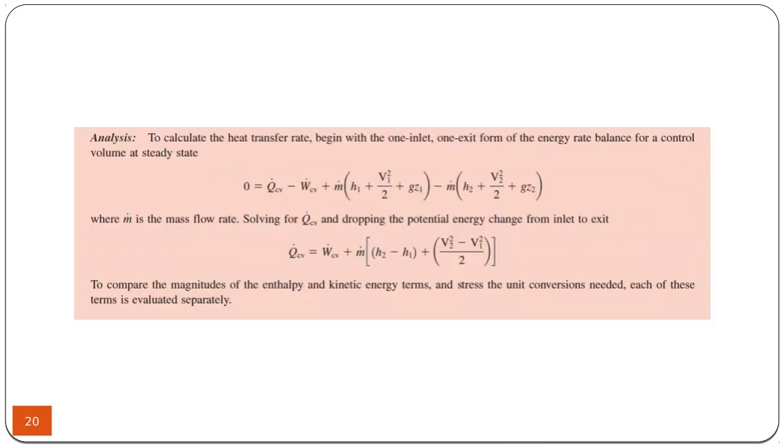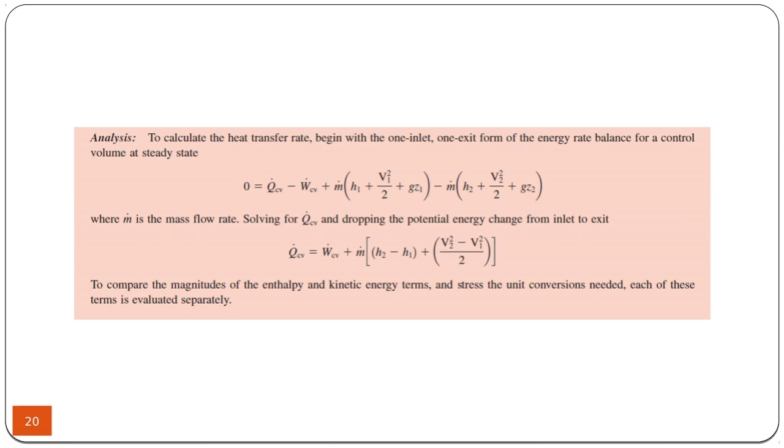So first we can start with the energy equation, the conservation of energy, because it's steady state. The left-hand side is 0. We have Q transaction with the surroundings, as the problem says. We have work output because it's a turbine, it delivers work.